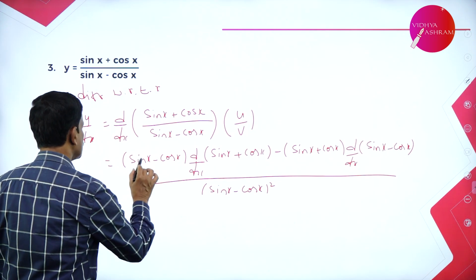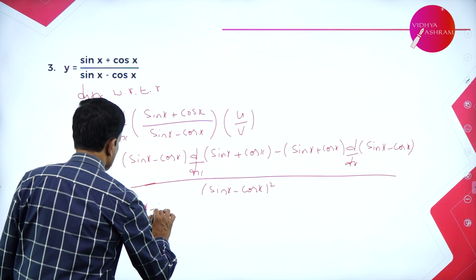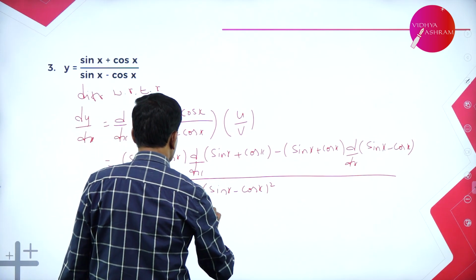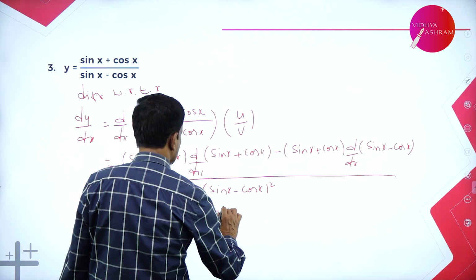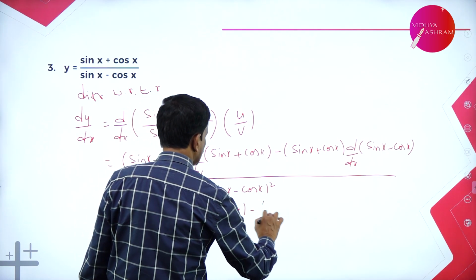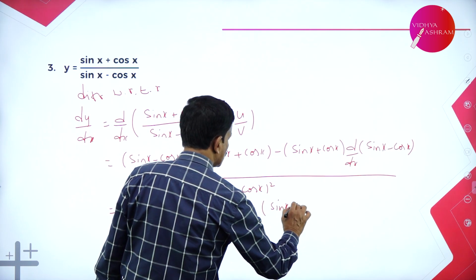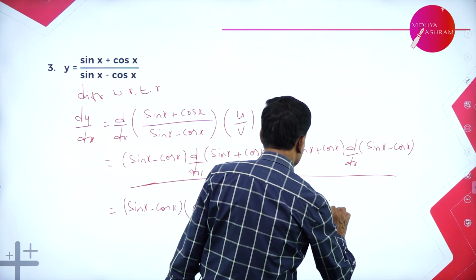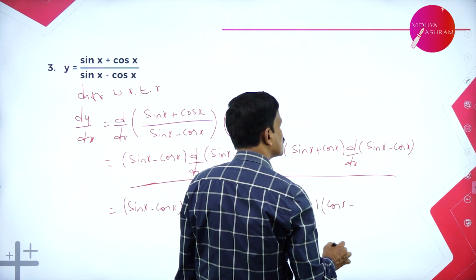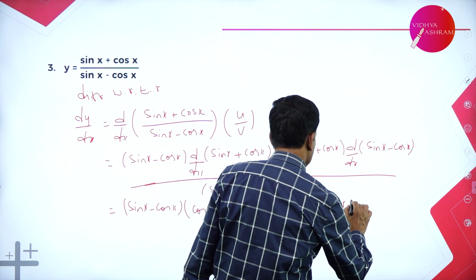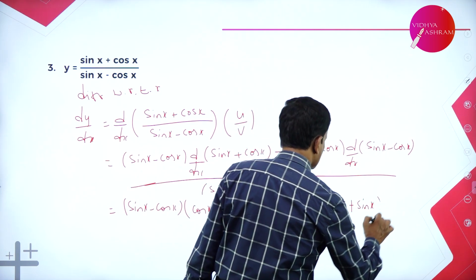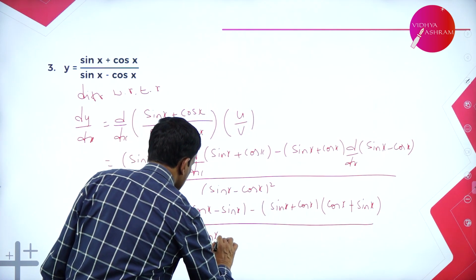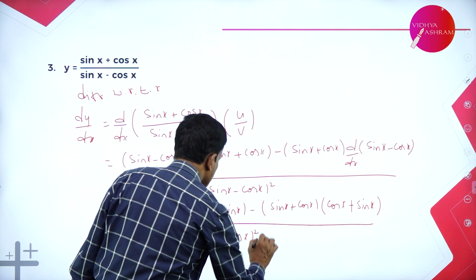Now this can be written as (sin x minus cos x) as it is, into differentiation: differentiation of sin x is cos x and differentiation of cos x is minus sin x, minus this function, the same sin x plus cos x, and differentiate this: differentiation of sin x is cos x and minus differentiation of cos x is minus sin x, minus into minus becomes plus sin x, divided by the denominator square, (sin x minus cos x) whole square.